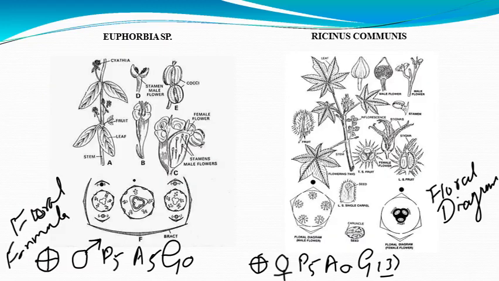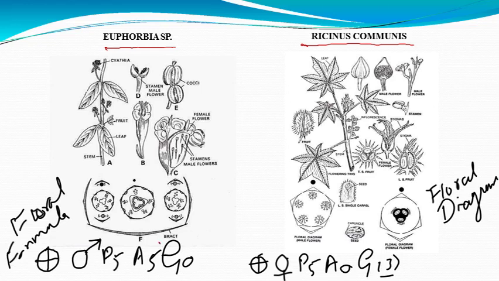So here we have different morphological and descriptive features of Euphorbiaceae family. Here we have two examples. One is Euphorbia species, most common, and the other is Ricinus communis. Here we see the different morphological features.